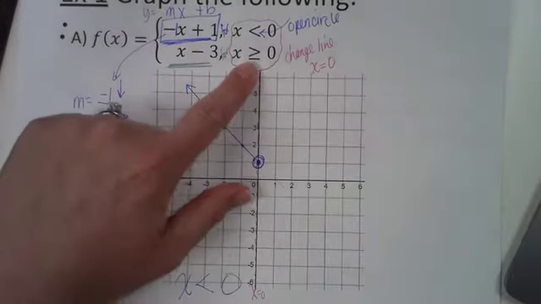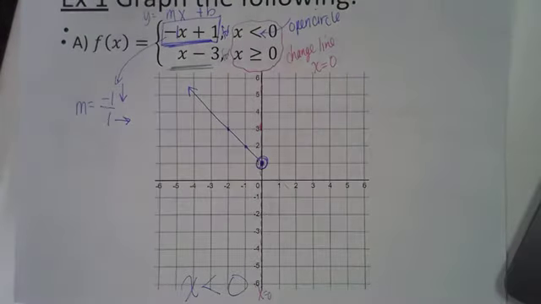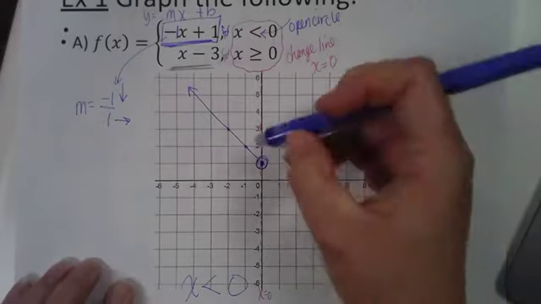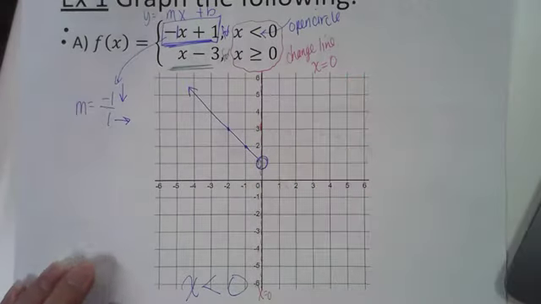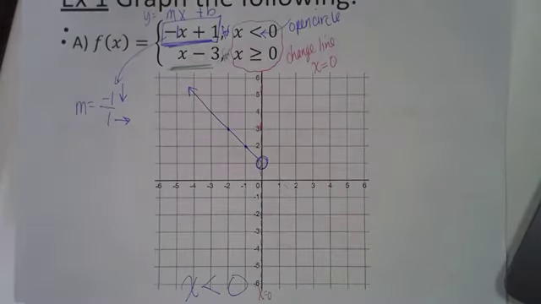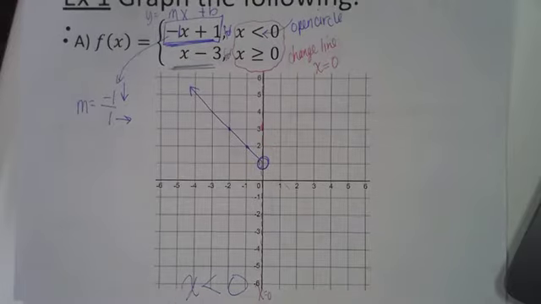If it was equal to, we'd want to fill it in and make it solid. Okay, but it's just less than, which means we're not actually including that point right there. It's a pretend point. We get really, really close to it. So we only want to see that blue line for x values less than 0.